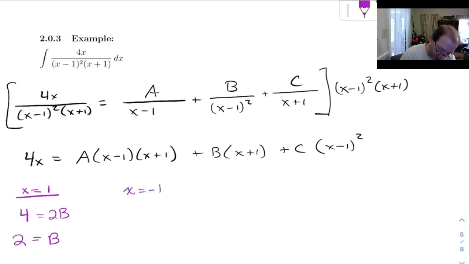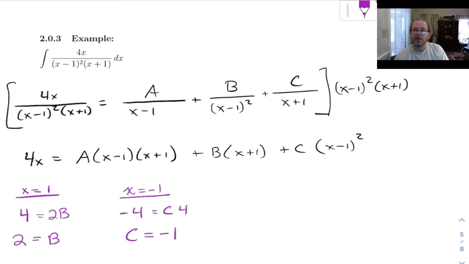Then if we plug in -1, we get -4. Let's see, this is going to cancel away. This is going to cancel away. And we're left with C times -2 squared. So -2 squared is 4. So I get C is -1.